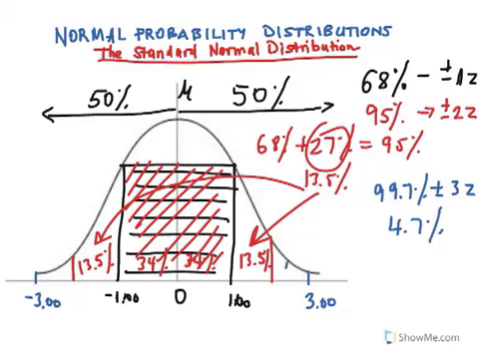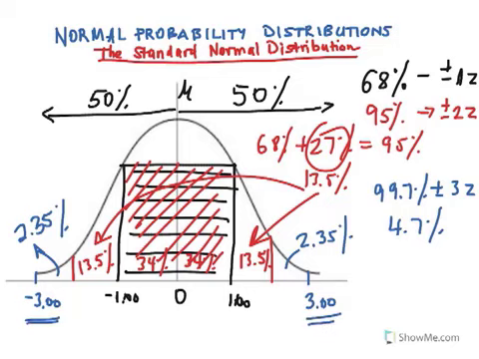Divided by 2, we will have 2.35% on this side and 2.35% on this other side. Okay? So in this case, we drew the standard normal distribution in this bell-shaped curve. So remember, almost all area is between minus 3 z-score and plus 3z. Okay, almost all, and that is 99.7 is almost all.